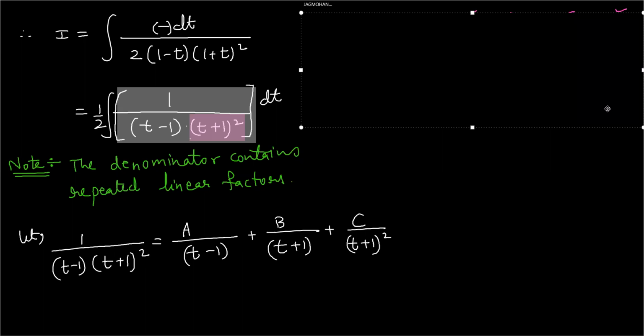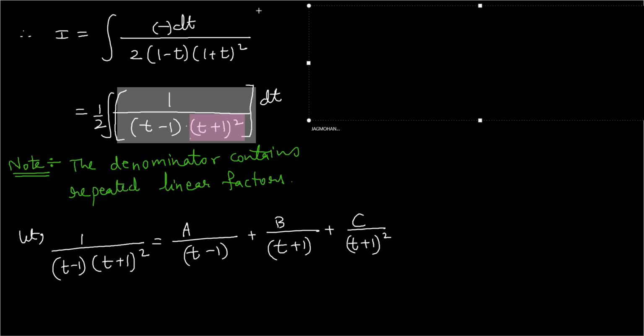The number of constants depends on how many total factors you have. Here it is t minus 1 and t plus 1 square, and t plus 1 square actually gives us t plus 1 into t plus 1. So in total, there are 3 factors in the denominator, so you will get 3 fractions.